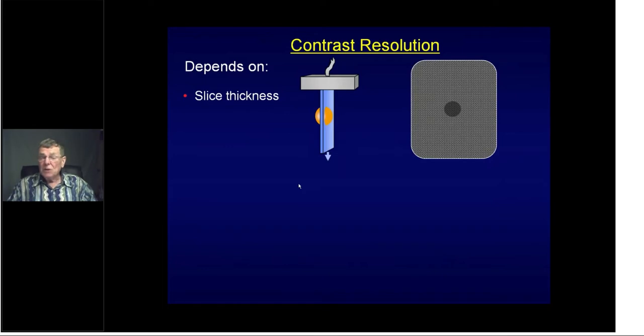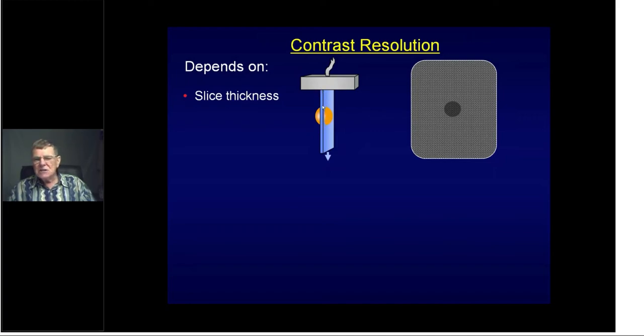One of the other important things that contrast resolution will depend on is your slice thickness. Don't forget your imaging beam is thick in the forward and back plane. In this particular case, we have a beam coming down through, let's call it a cyst.